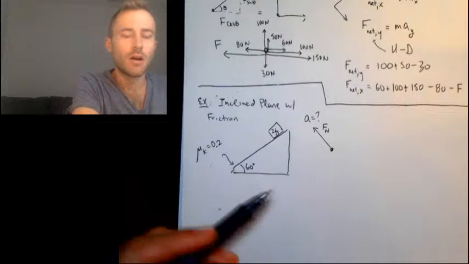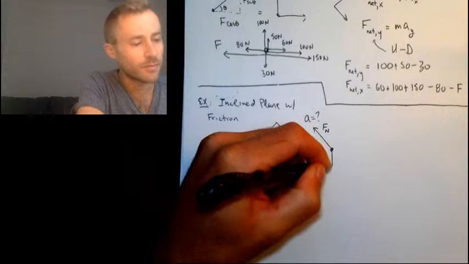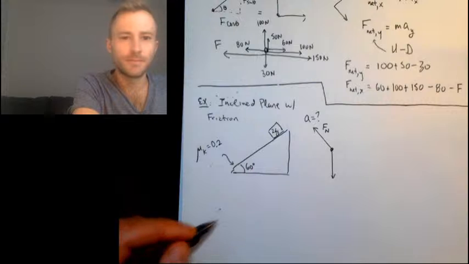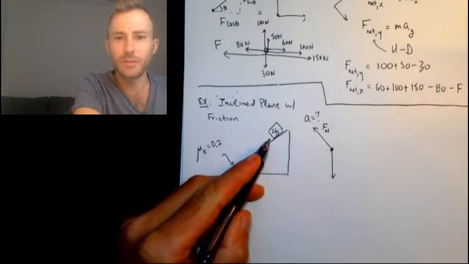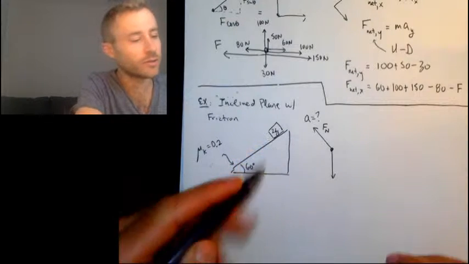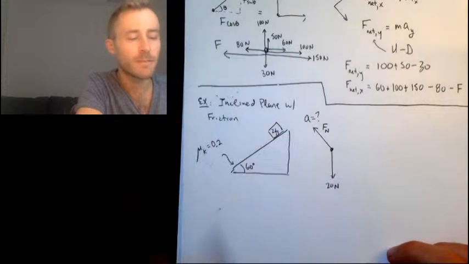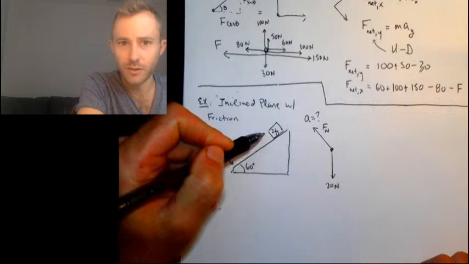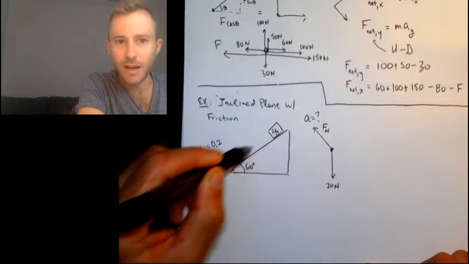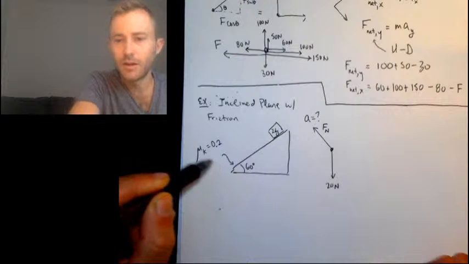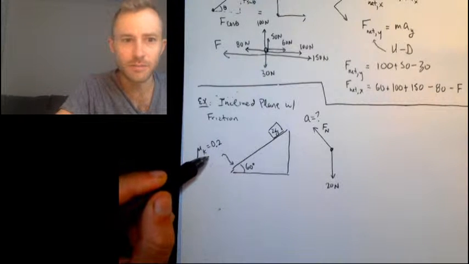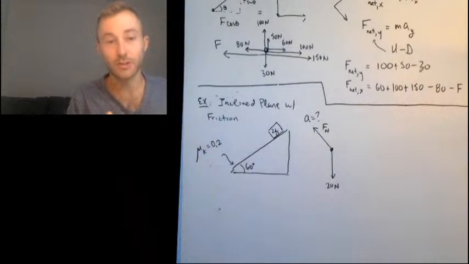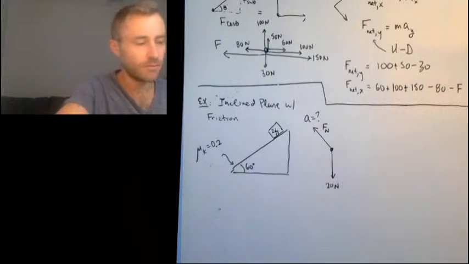Then we have the weight force, which is m times g, so 2 times 10, which is 20 newtons. If we assume that the block started at rest, the block is going to slide down the incline. Because the block is sliding down the incline, friction, which is an oppositional force, is going to point up the incline. All right?